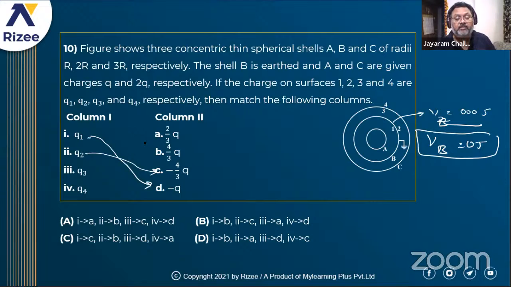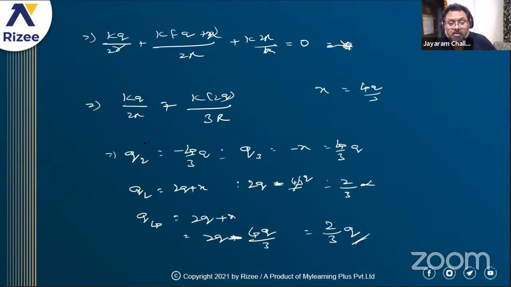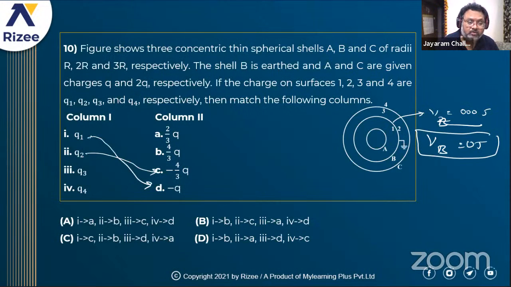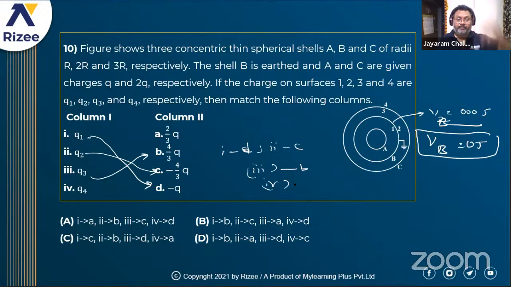Next Q3. What is the value of the Q3 that we have got here, sir? Q3 is equal to plus 4Q by 3. So this is your information. So only one option is there, that is 1D. 2C. That is, the third one is coming out to be B. And the fourth one has been related to A.